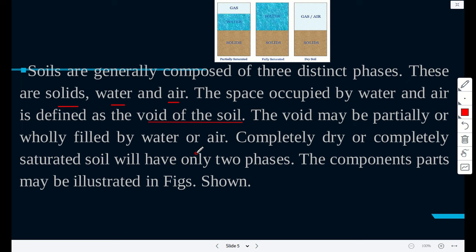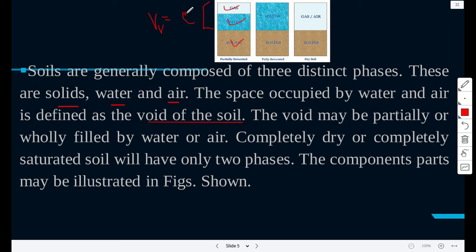So the components may be illustrated as shown in the figure. Here we have gas. Please make sure you can see gas, water, and solid. Either can be partially or fully saturated, that means the void. So this is what we are calling the void, the volume of void.